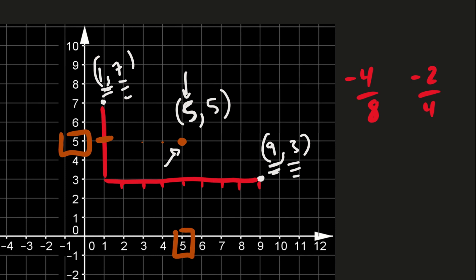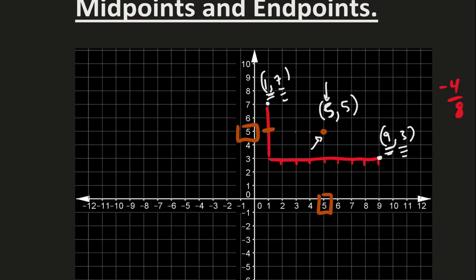The other kind of problem that we could look at is, let's say that we've got a point here at 8, 4. So this is the point 8, 4. I need to turn off shape recognition.